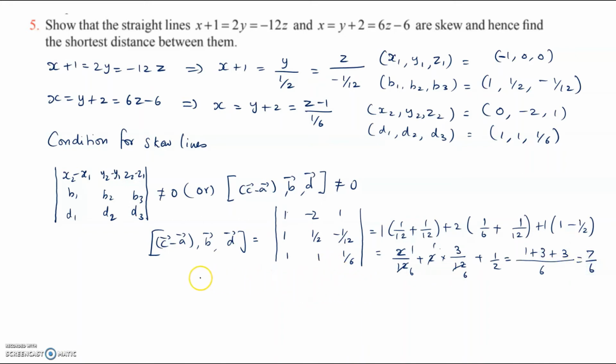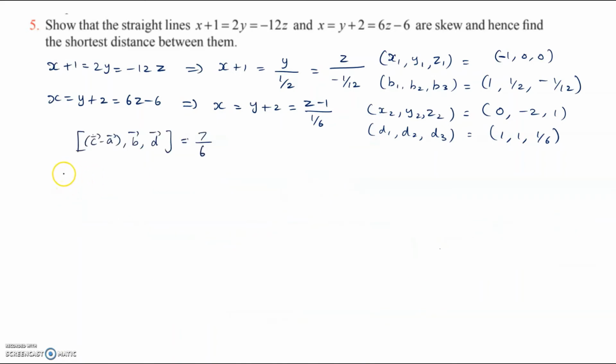Therefore, our c minus a, b, d, the scalar triple product, is not equal to 0. Therefore, the lines are skew lines. So that takes care of the first part of the question.